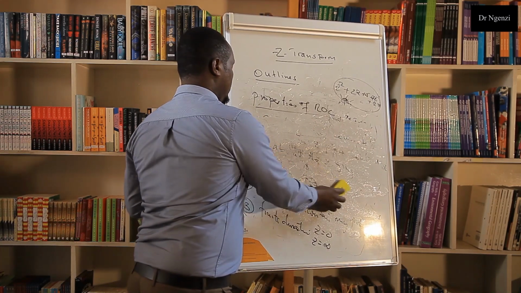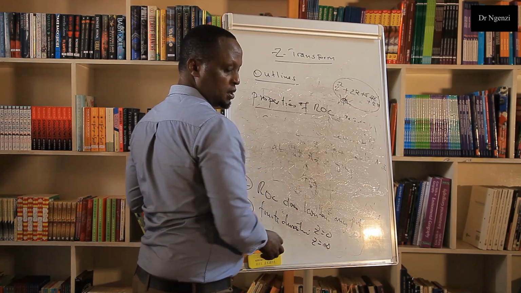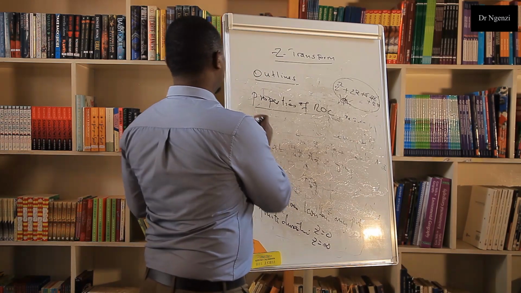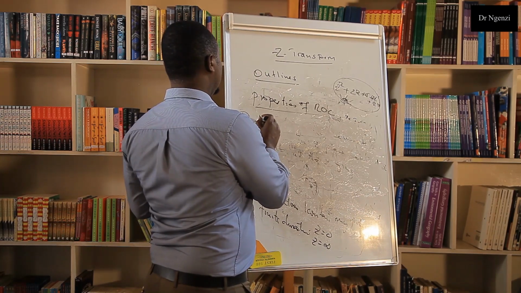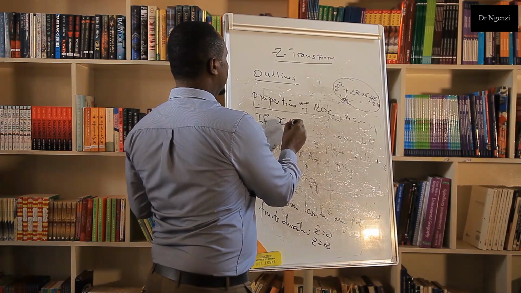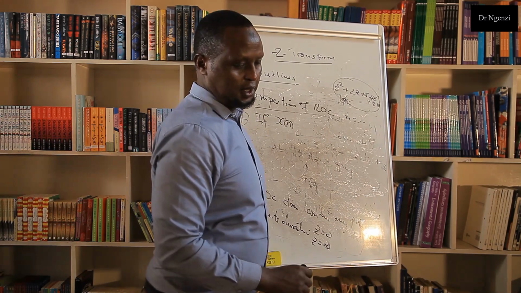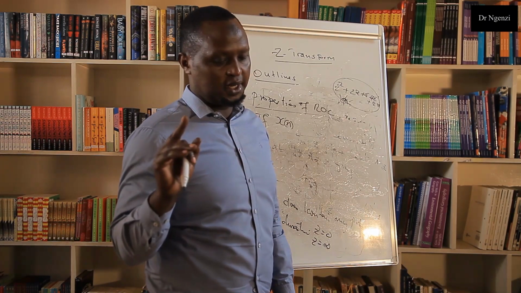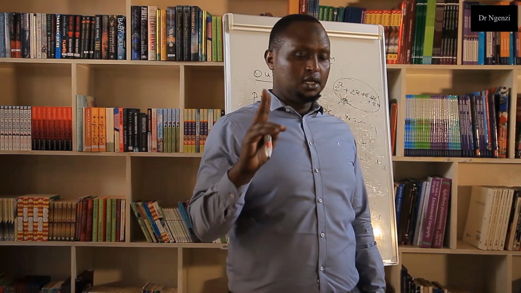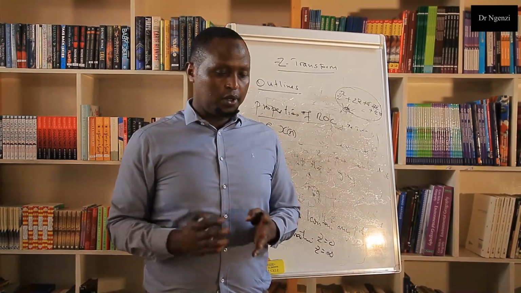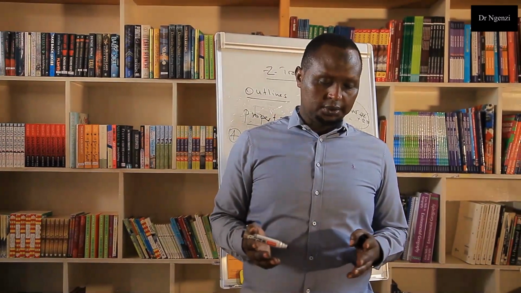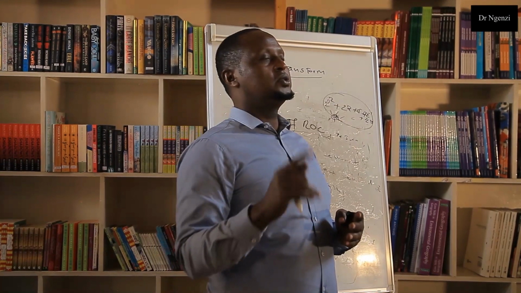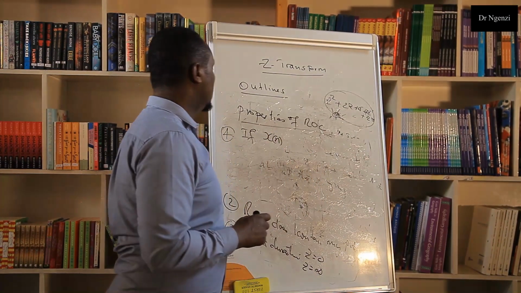Now property number four. If x of n is right-sided, or single-sided, remember we said a right-sided sequence begins from n equal to 0 up to n equal to infinity.